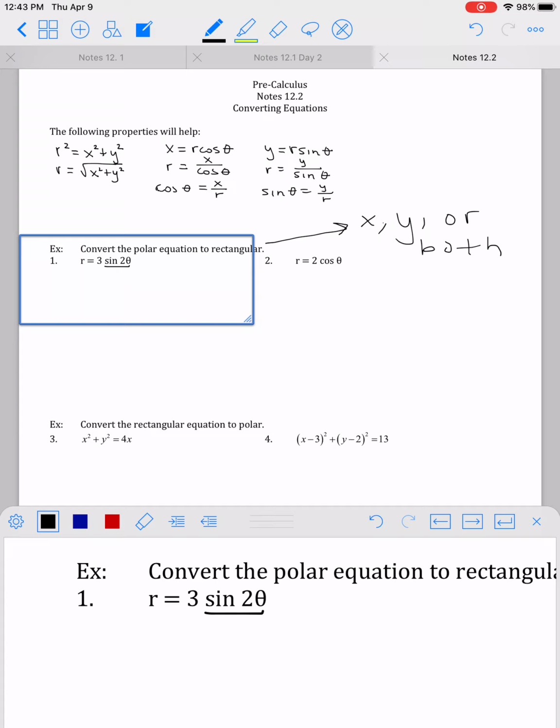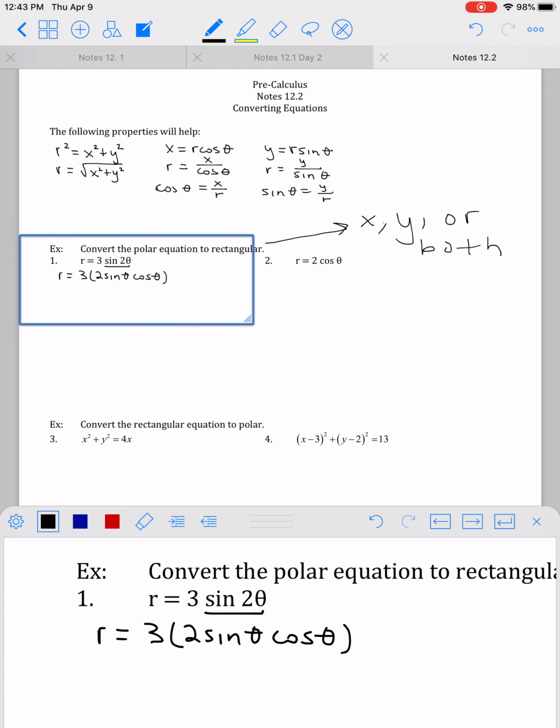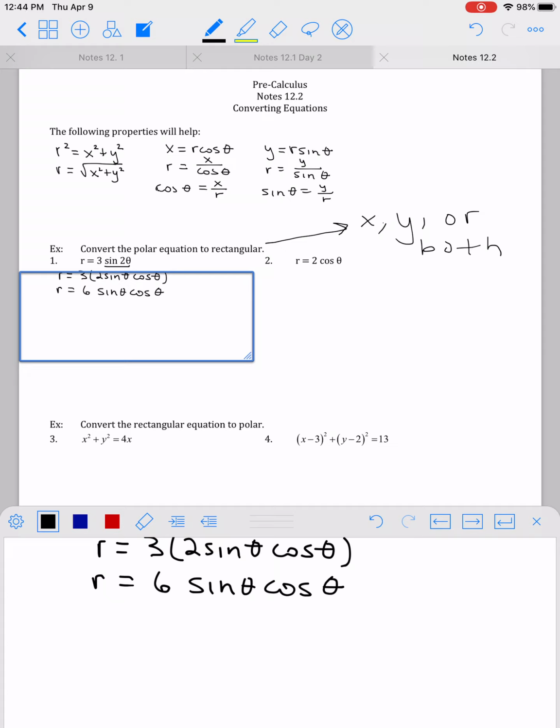So from our trig sheet, r is equal to 3 times 2 sine theta cosine theta, and then that gives me r equals 6 sine theta cosine theta, and I needed to do that because I need single thetas to continue my conversions.